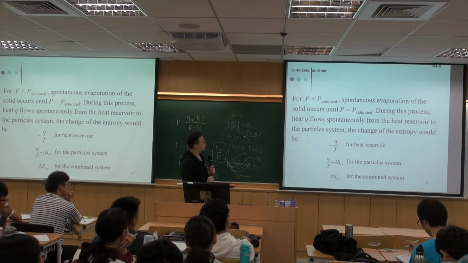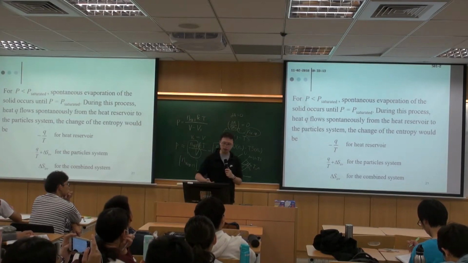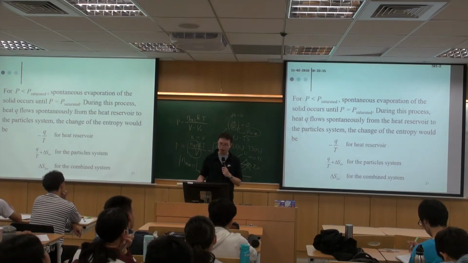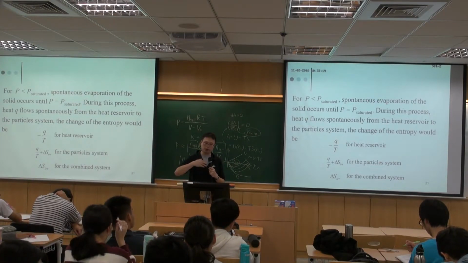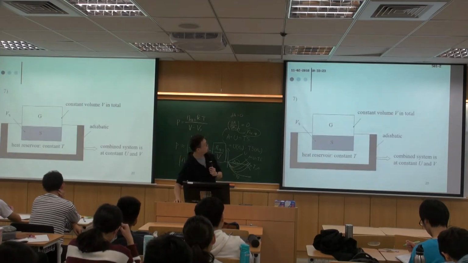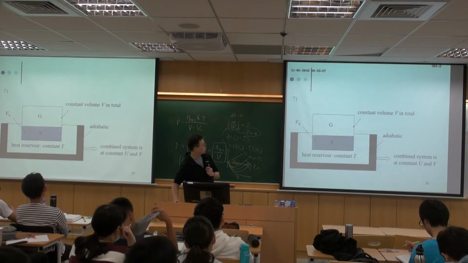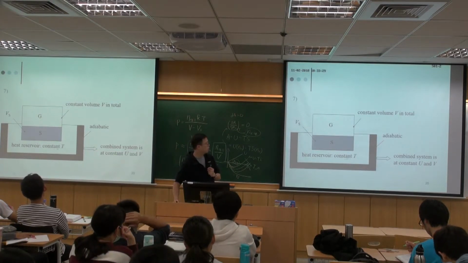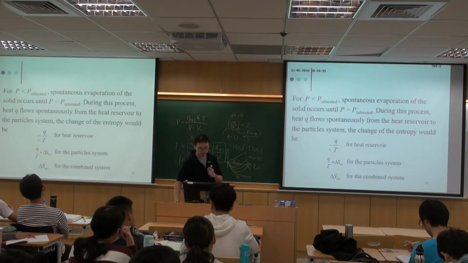The process will then stop. During this process, for either evaporation or sublimation, the system needs to absorb heat in order to evaporate some particles into the vapor phase. So in this scenario, the heat reservoir is held at a constant T, but at the same time you can supply heat into the system.